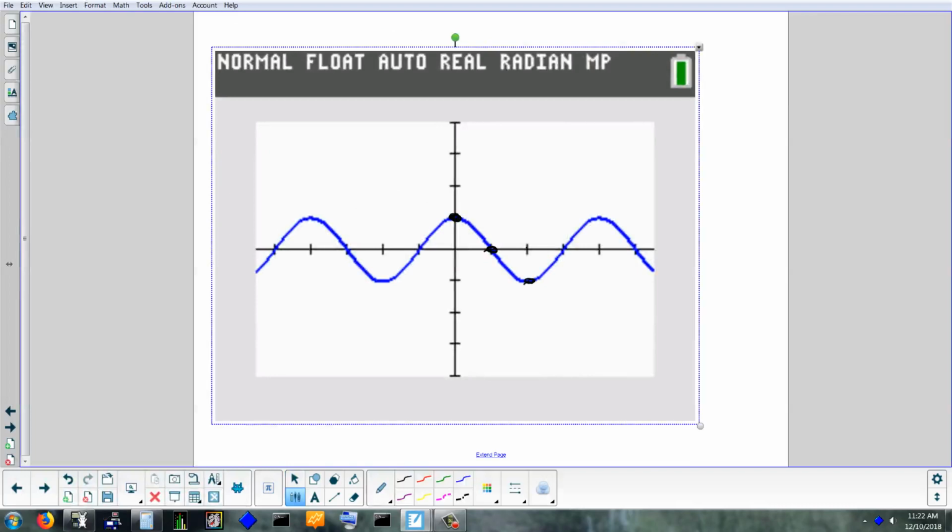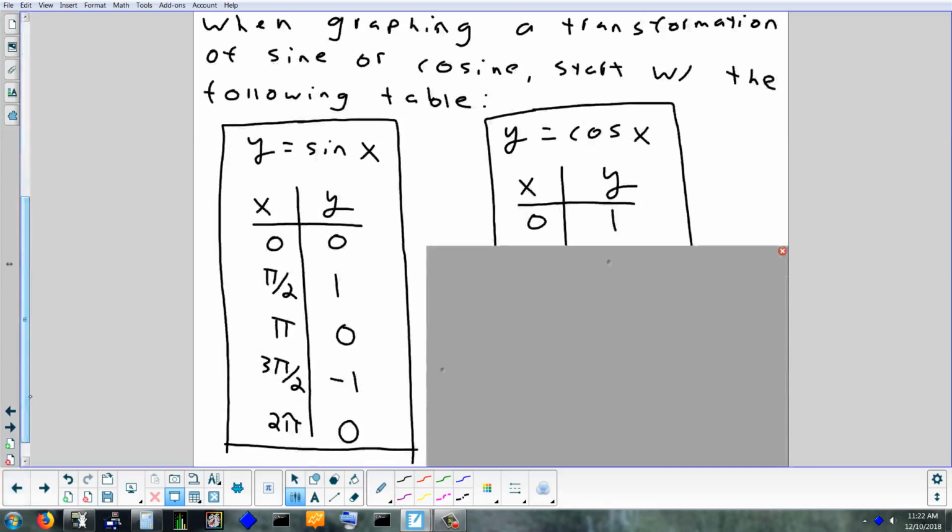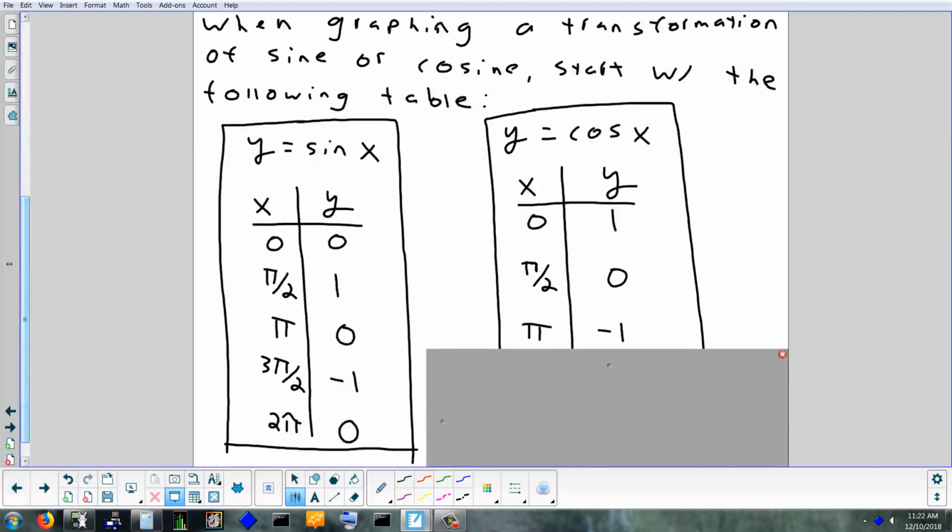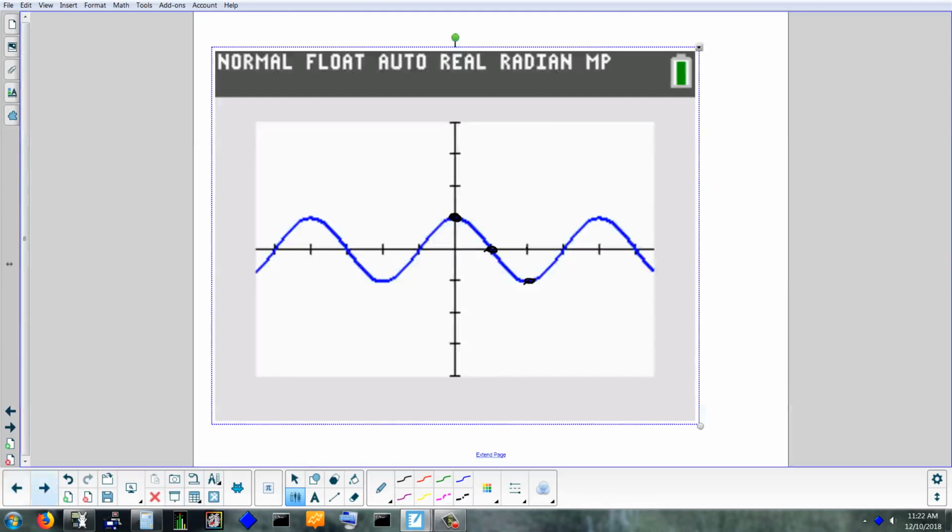All right, so let's write those down. Pi over 2, we're at 0. Pi, we're at -1. 3 pi over 2, that's my 3/4 mark, 3/4 of the way through the cycle, I'm back at 0. And then 2 pi, I'm at the end of the cycle, and I'm back where I started.